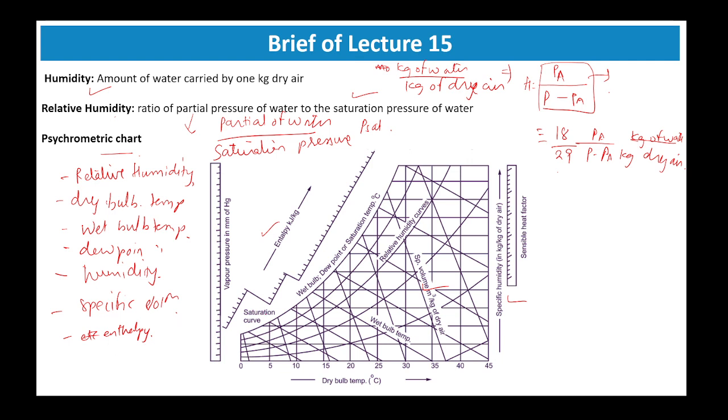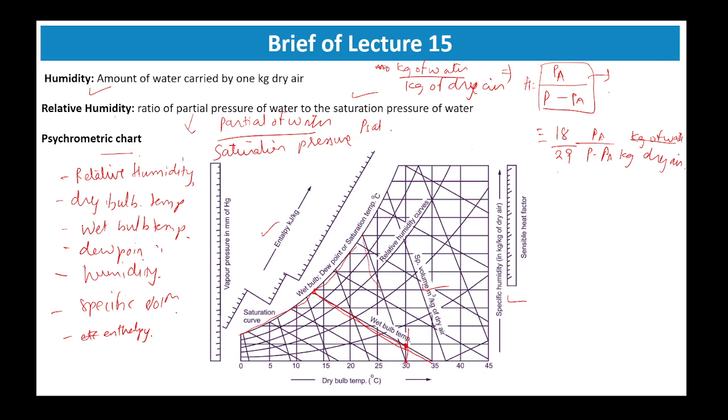So, for example, if you are given 30 degrees air which has a certain dew point, all these lines are dew point lines. Here you will be given some value of the dew point. So this is the dew point value. If we stretch this line, this is the intersection point.